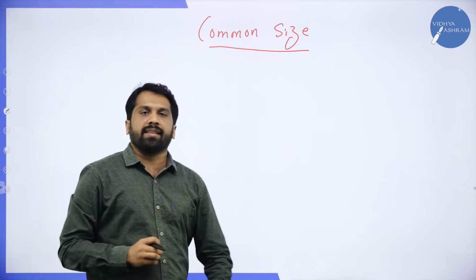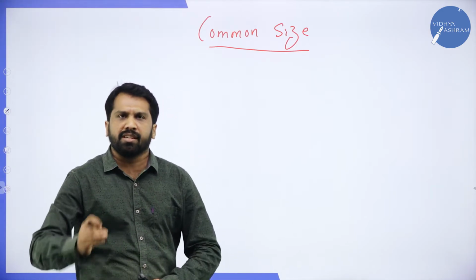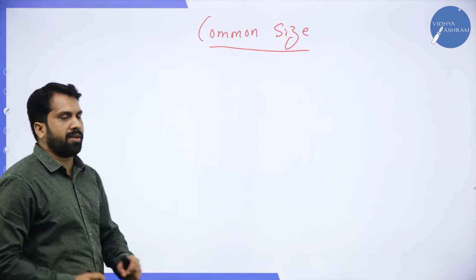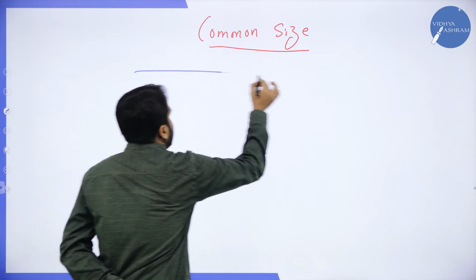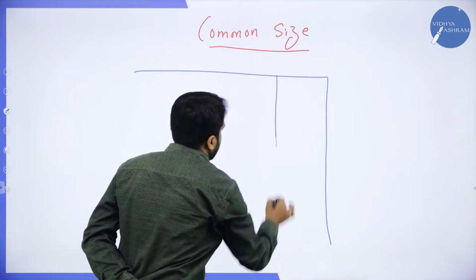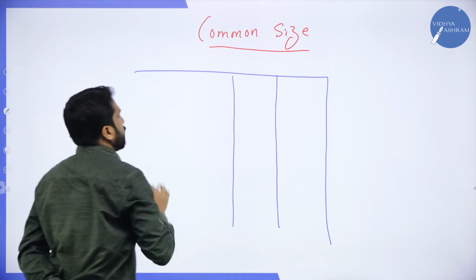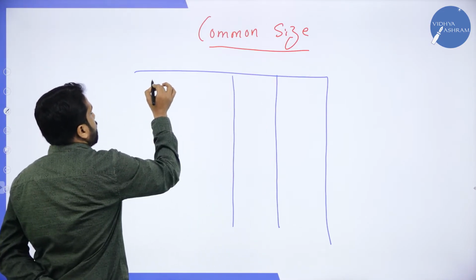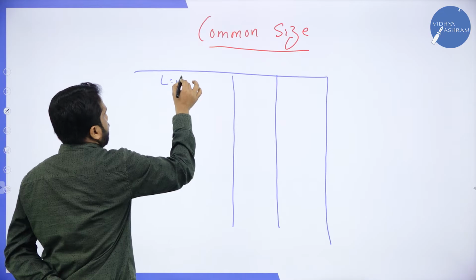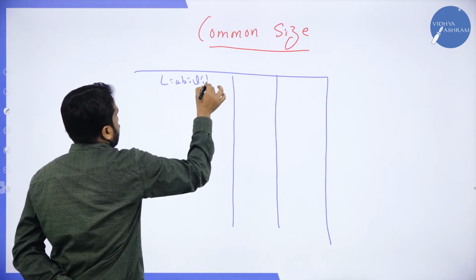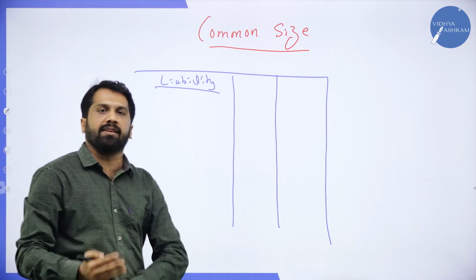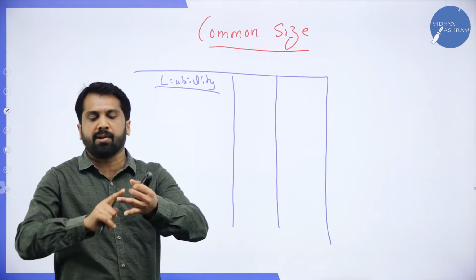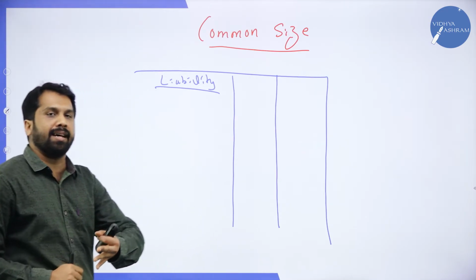Now how to calculate common size balance sheet? Simple. The question will be exactly the same, like they will give you balance sheet of 2 years. Now, it will be your balance sheet liability. Same procedure, liability we have to divide into 3: shareholders fund, non-current and current liability.